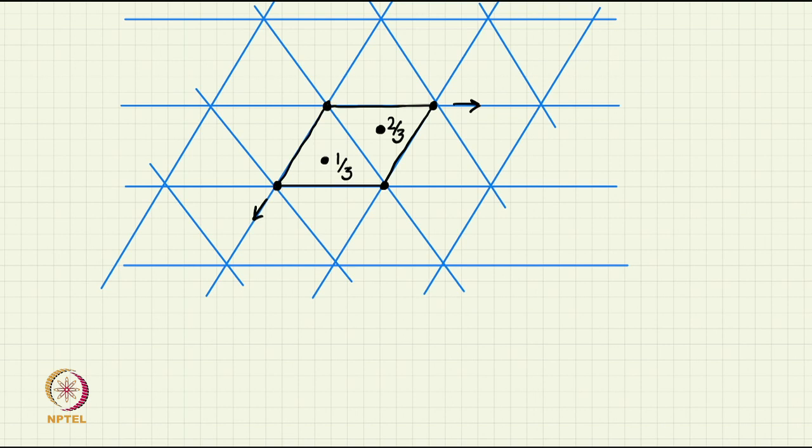So, this is your HR lattice with HR unit cell.